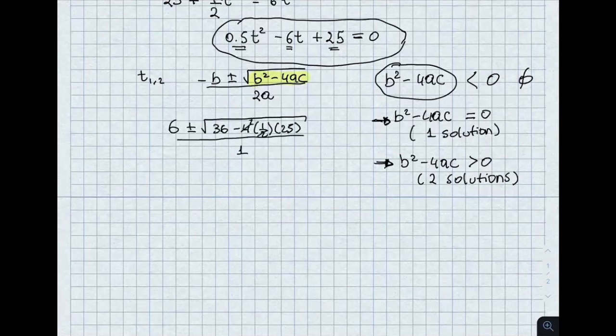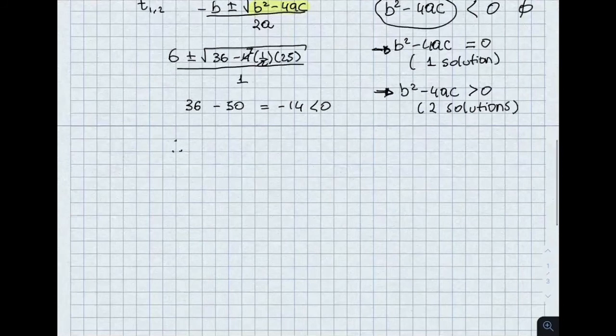If we look inside the square root, we have 36 minus 50, which is equal to negative 14. And this is less than 0. Therefore, the conclusion is the man will not catch the bus.